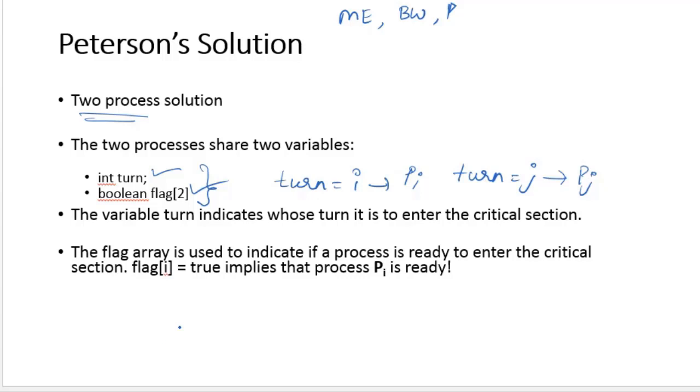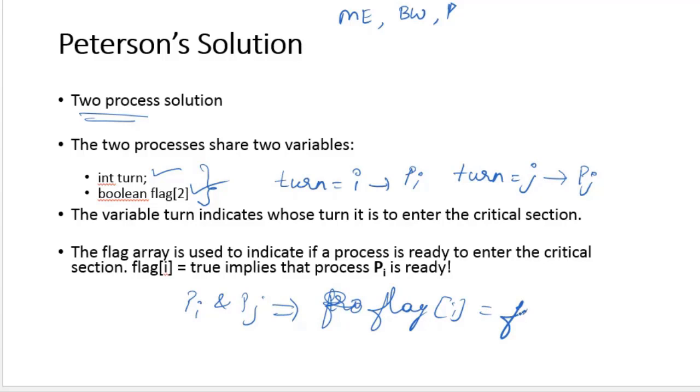Let's say both processes Pi and Pj are ready to enter the critical section. In that case, flag[i] and flag[j] are both set to true.